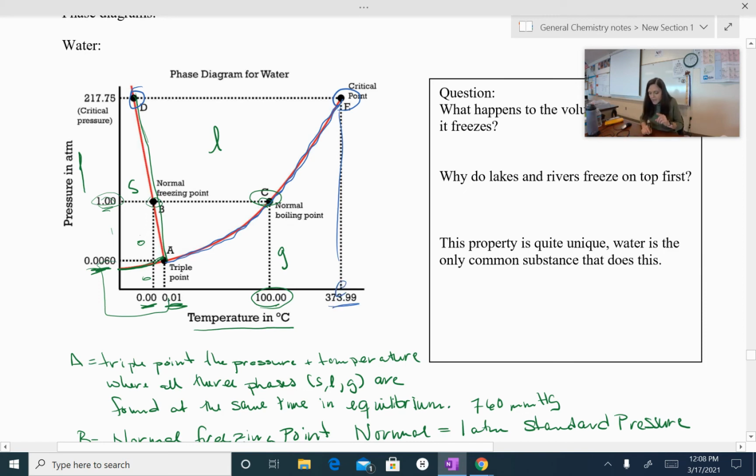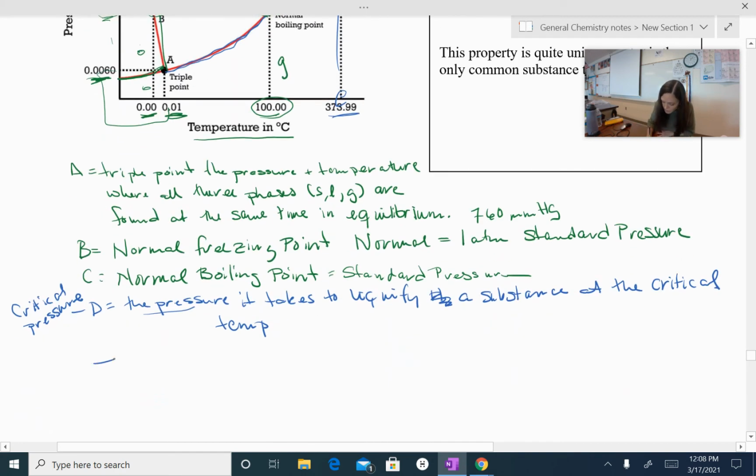Notice anything higher than 379.99 degrees, that water can no longer be liquefied. It's just going to be vapor. So this is the temperature, the highest temperature, or actually this is E, the highest temp that a substance can still be liquefied.